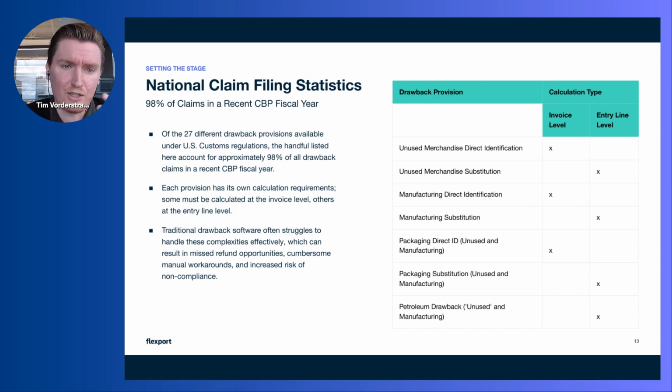If you are trying to create workarounds, there's something inherently wrong with the system that is limiting the opportunity. So clearly there is an opportunity for technology to come into play here.